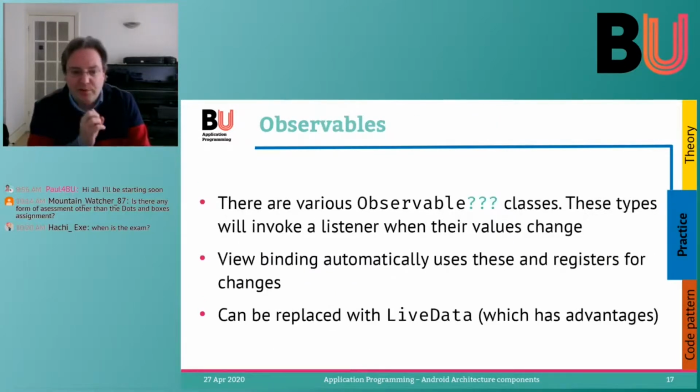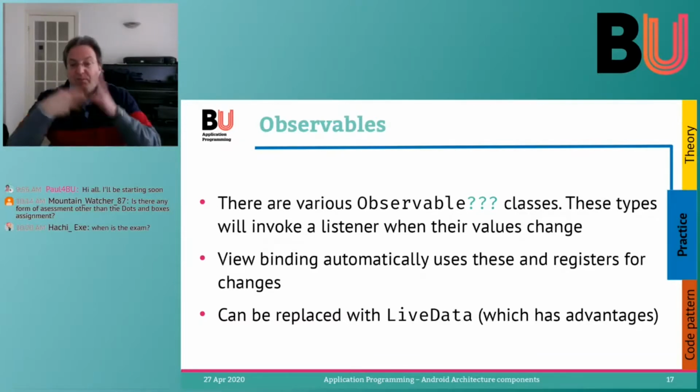Then observables. There's a number of them: ObservableInt, ObservableString, ObservableParcelable, and many other classes. Basically, these are designed particularly for data binding. These classes are wrappers for their underlying data type, and if you change the value, they will invoke a listener.